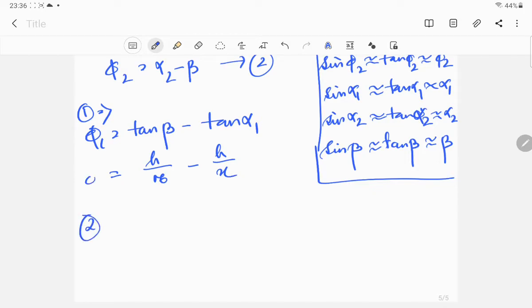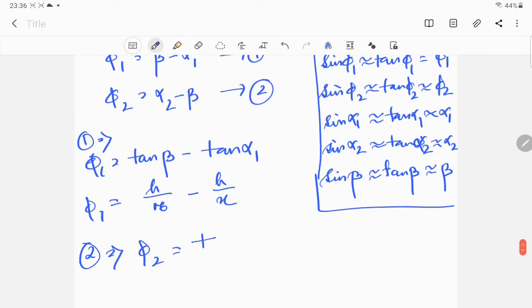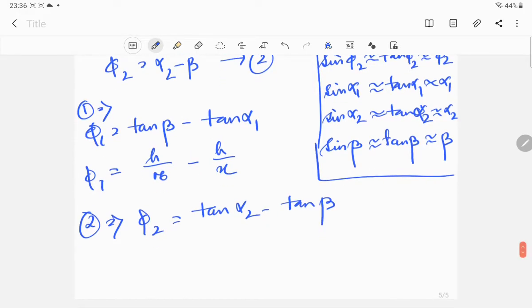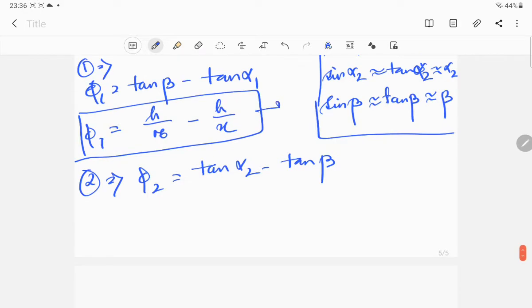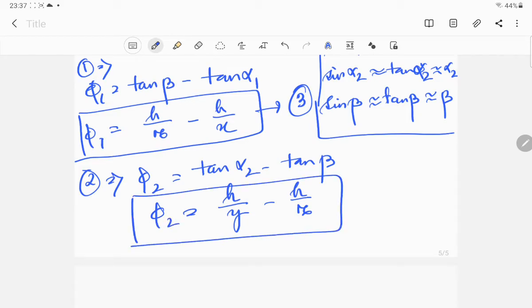So that is equation number 2. Then phi 2 equals tan alpha 2 minus tan beta. So that will be equation number 3. So it will be h by y minus h by r. Okay, so this is phi 2, and that will be equation number 4.